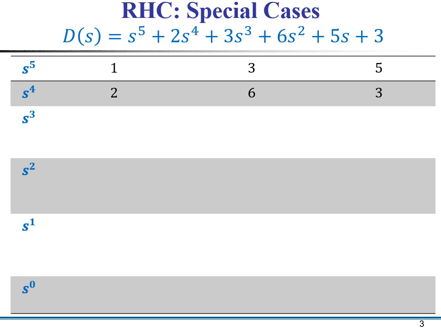So here the polynomial I just copied from the previous page. Here s to the power 5, so now this is 1, we leave this one, then 3, then we leave this and 5, and similarly we write the second row.